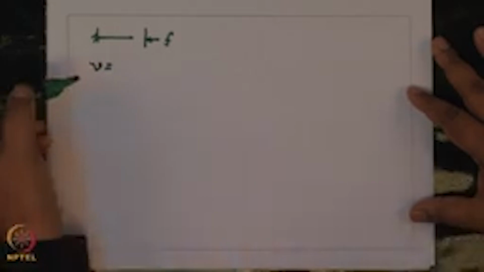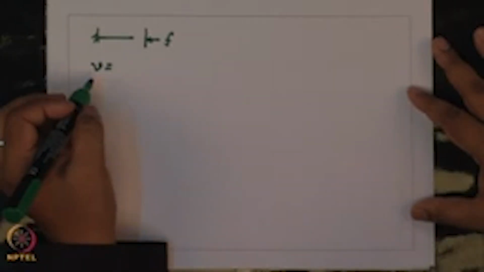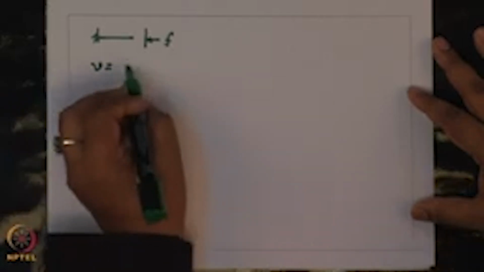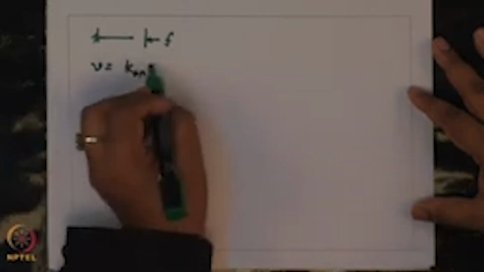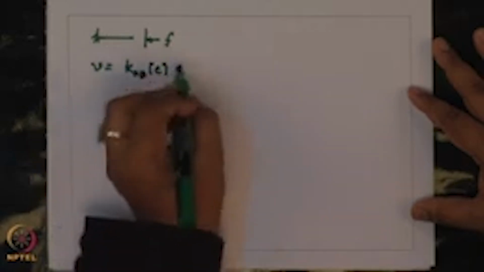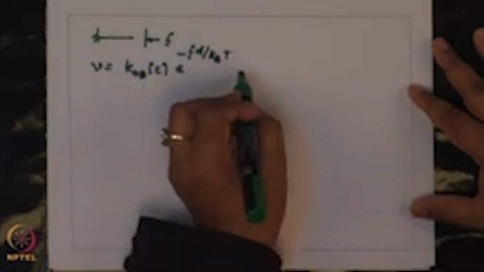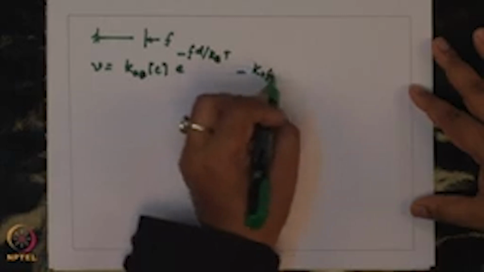I can write the expression for the velocity of filament growth as k_on C, where k_on is k_0 into C into e to the power minus f d by k_B T, minus k_off.